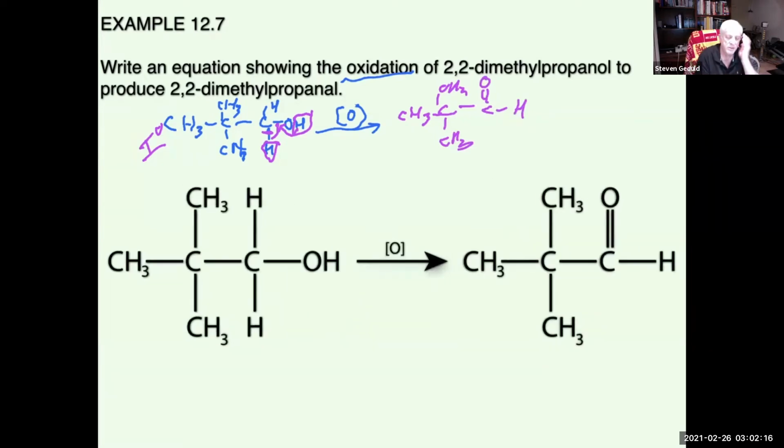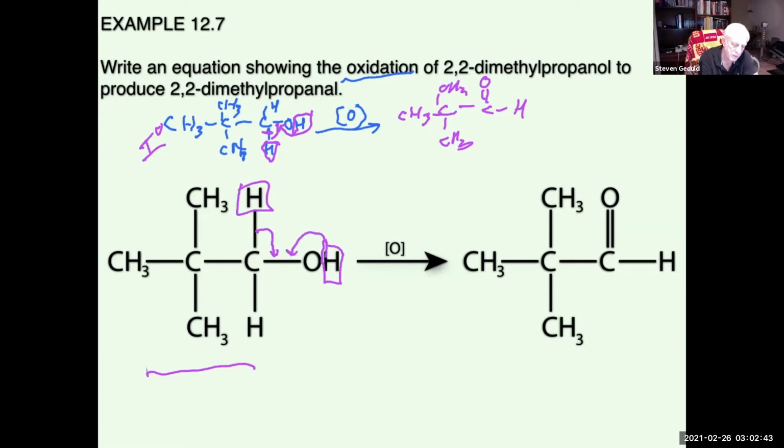Okay. So here it's drawn out. This is our primary alcohol right down here. This is 2,2-dimethylpropanol. Okay. We're going to lose this hydrogen from the oxygen of the OH group, and we pick another hydrogen off the same carbon. So we'll lose this one. Could pick the top and the bottom, doesn't make a difference. So one of the electrons swings down here from that bond being broken. One of the electrons swings down here from that bond being broken.